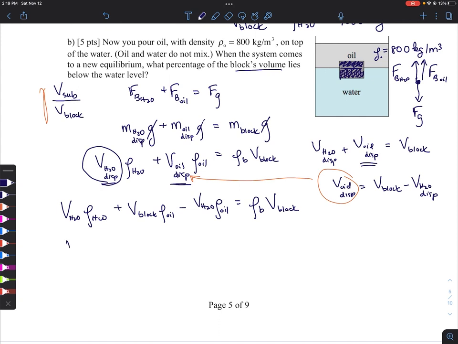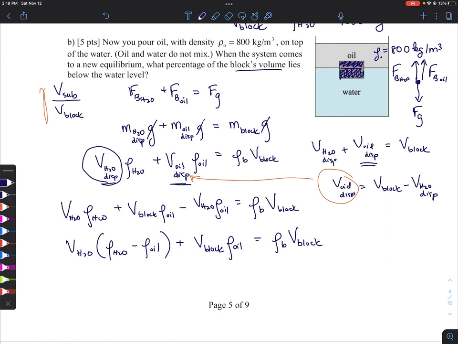Now over here we can simplify this a little bit. We can say V H2O times rho H2O minus rho oil, plus V block rho oil equals rho B V block.